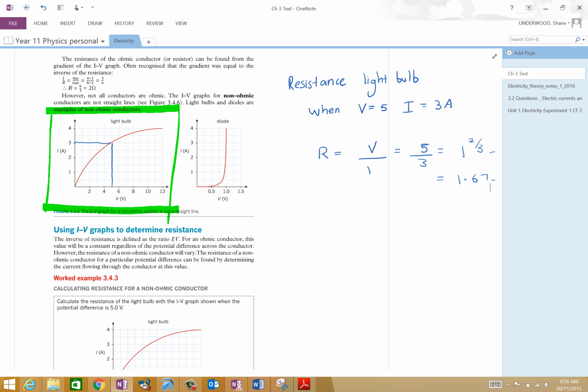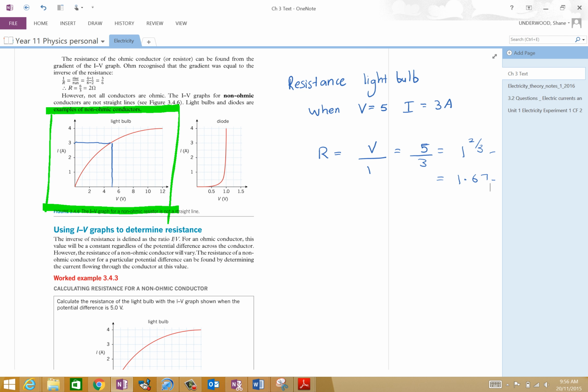So if you have a non-ohmic conductor, the only way you're going to be able to find the resistance at any point, with different voltage and current, is when we use the graph. You'll be given a graph. It's a standard exam question. Find the resistance of this conductor at this point.